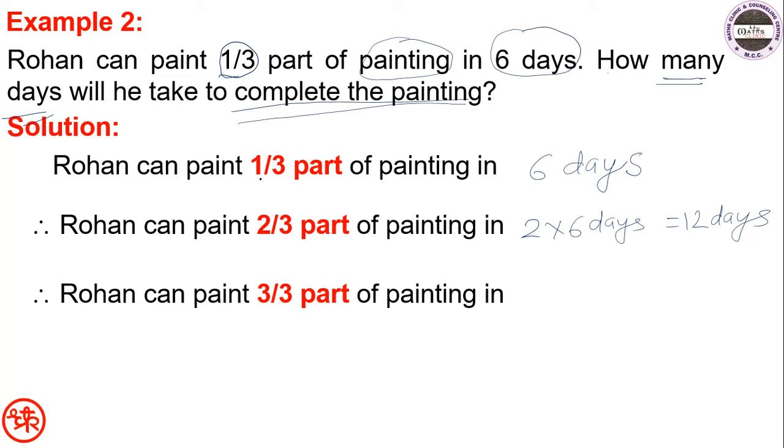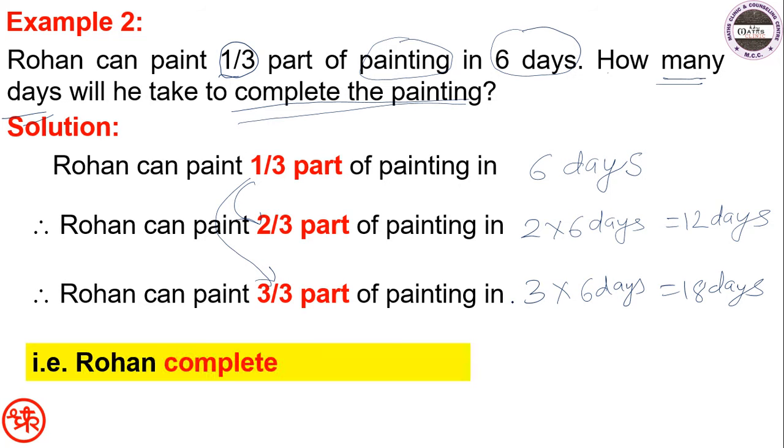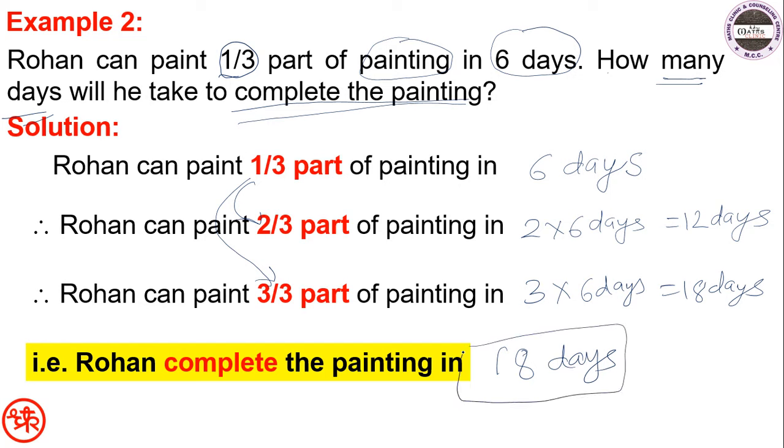It is 3 times. Okay, and therefore it is 3 into 6 days. So that is equal to how much? 18 days. Therefore Rohan completes the painting in 18 days. That is the final answer.